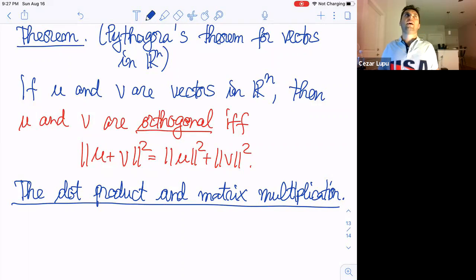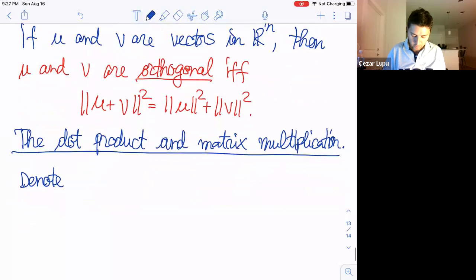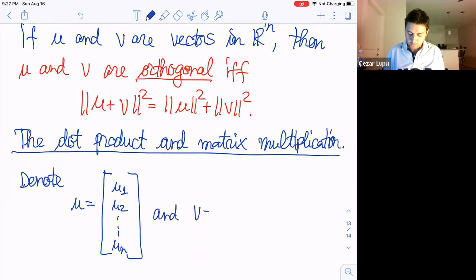We have seen in previous lectures that it is often very useful to represent a vector in Rn as an n by 1 column matrix. So let's denote u as the column u1, u2, un, and v as the column v1, v2, vn.